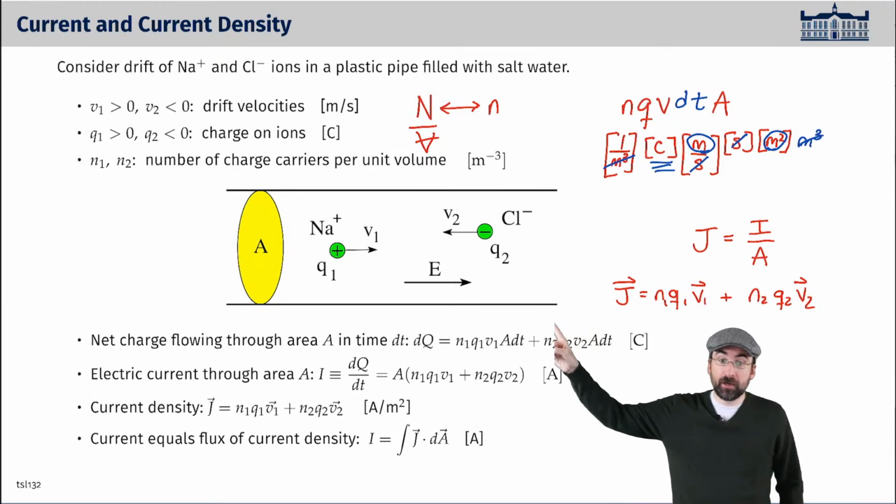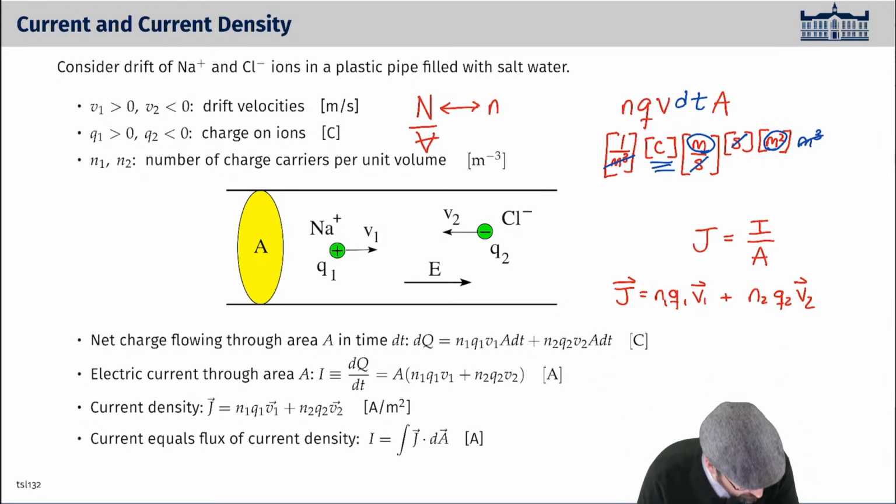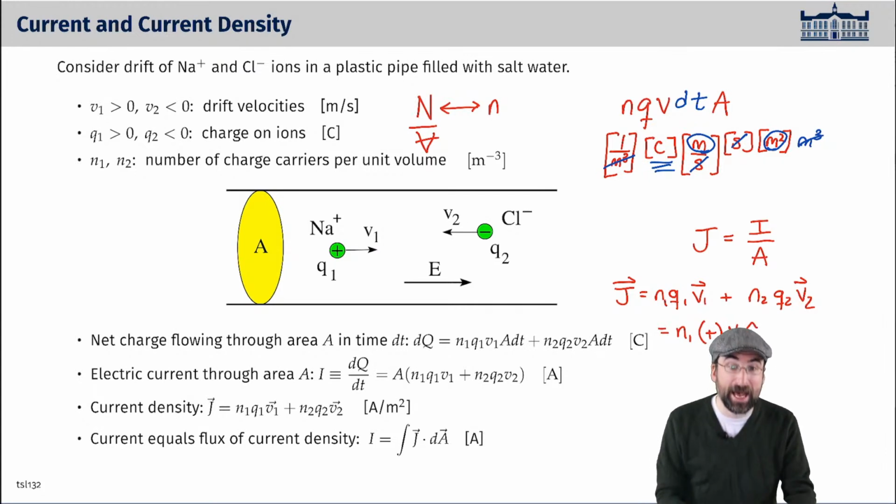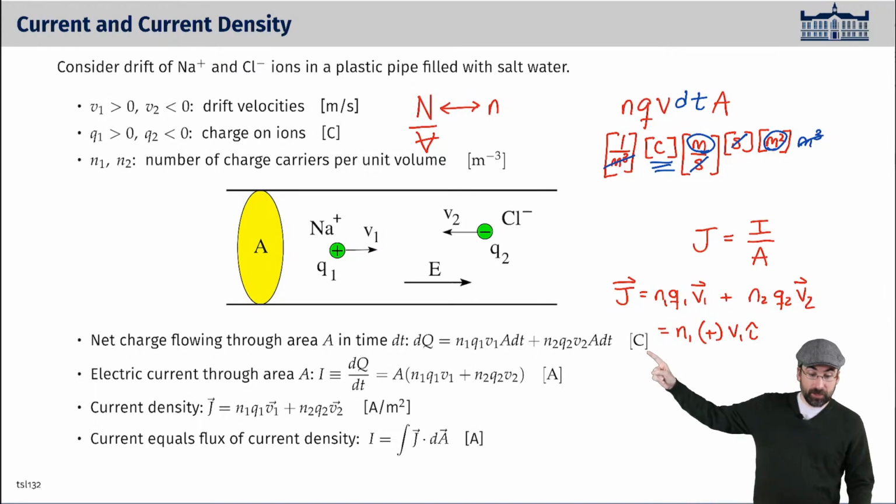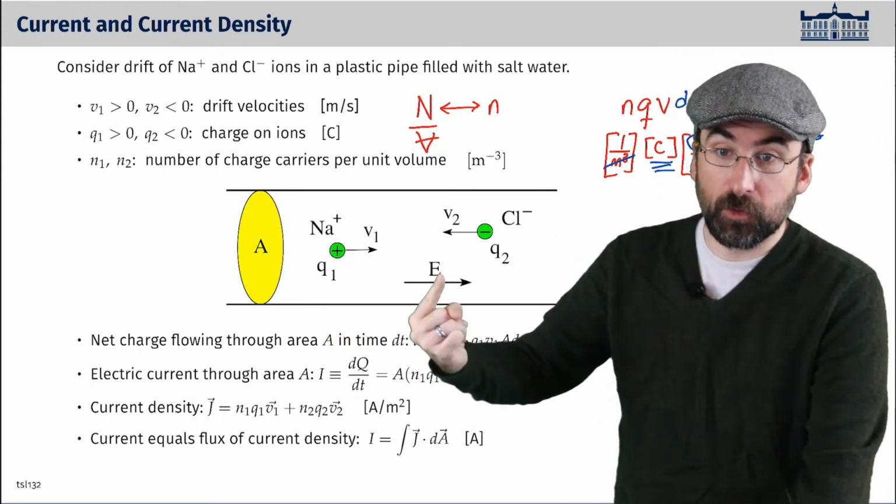And so consider, for this example that we're going through here, Q1 is positive, and V1 is in the positive i hat direction, right? Because over here, V1 is to the right.